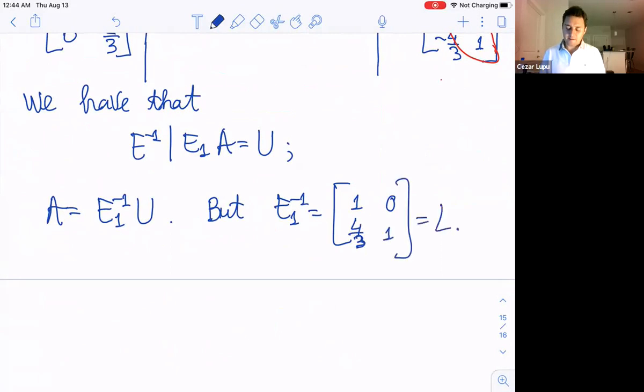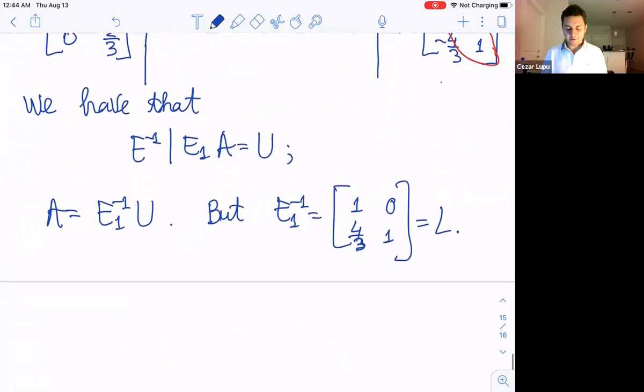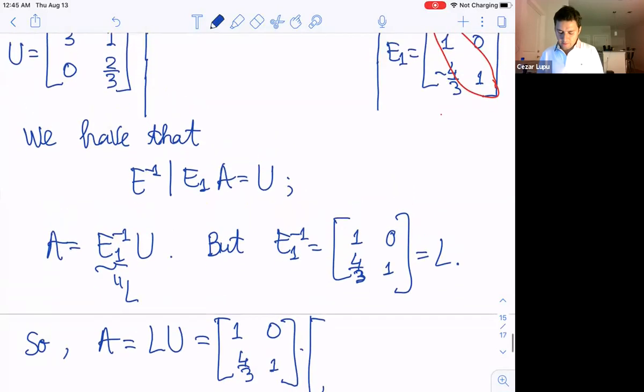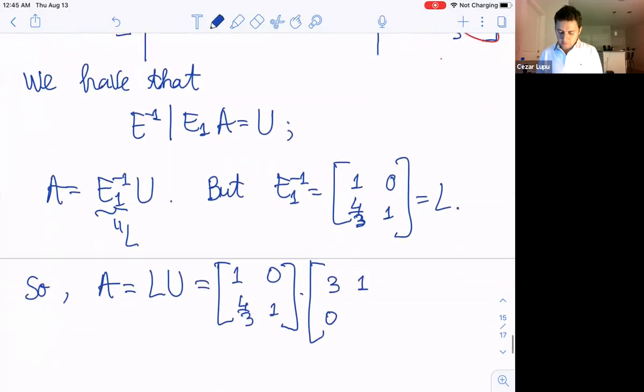And I will identify this as L. Well, as you can see, now it's very clear that A can be factored as LU, where L is 1, 0, 4 over 3, 1, times U, which is given by 3, 1, 0, 2/3.